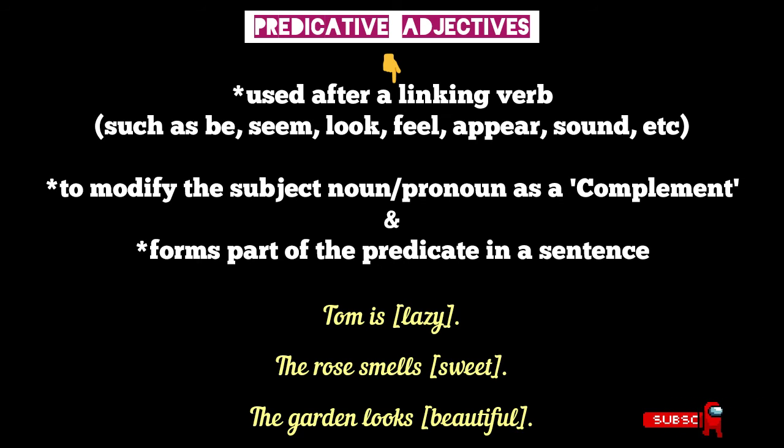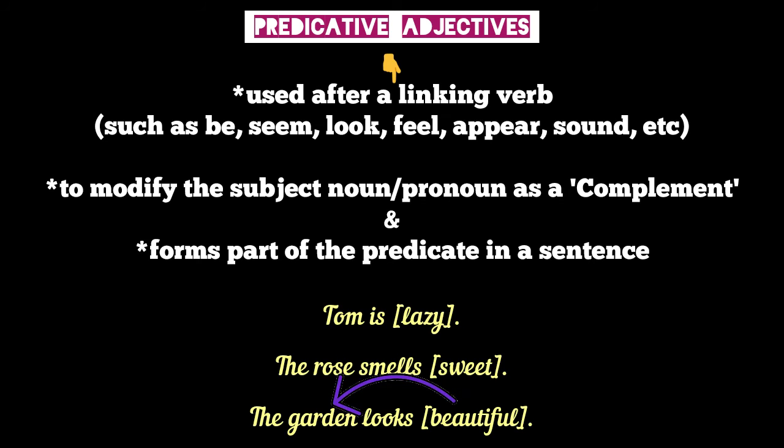Now see the next example. The rose smells sweet. Here too the adjective sweet comes right after the linking verb smells. Here sweet is acting as a subject complement completing the sense of the subject noun rose. So it's a predicative adjective. In the next sentence, the garden looks beautiful. The adjective beautiful is also a predicative adjective. Why?